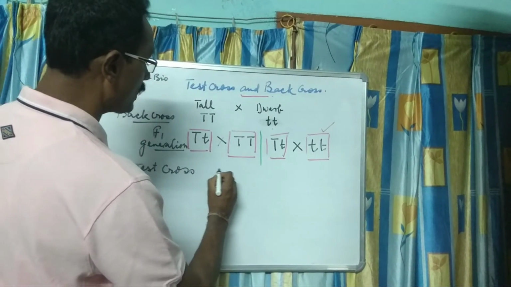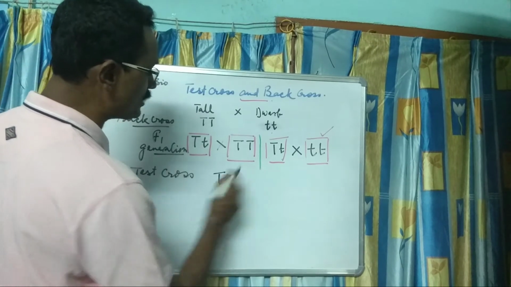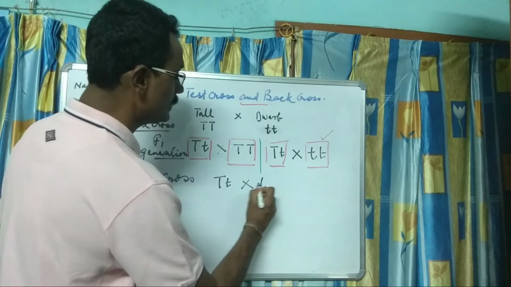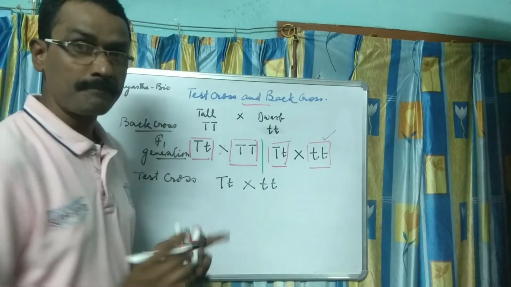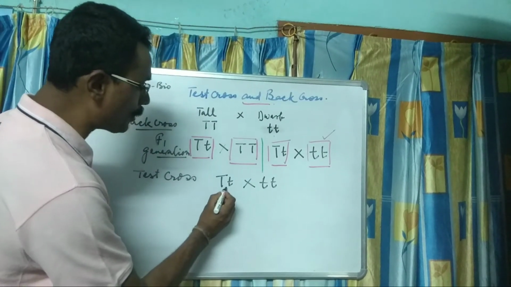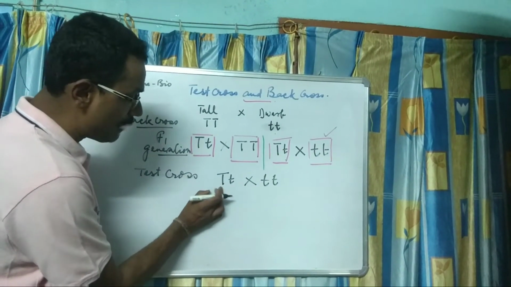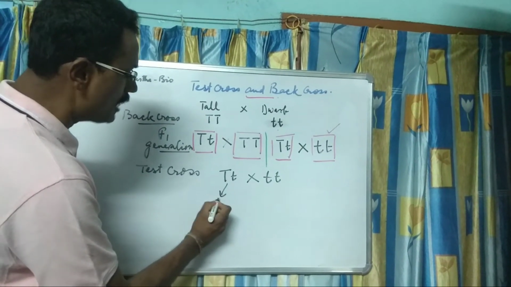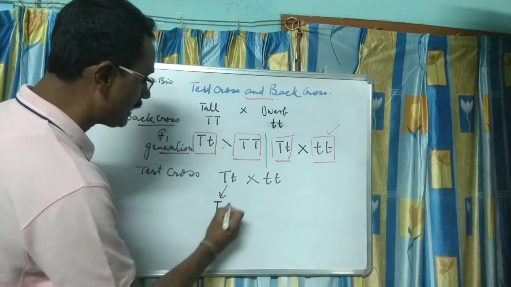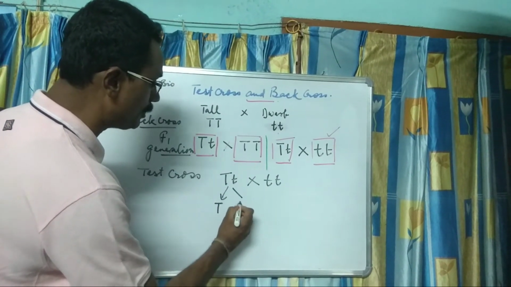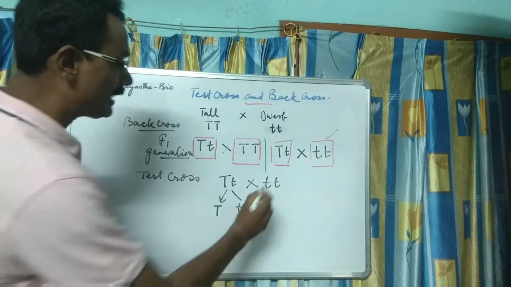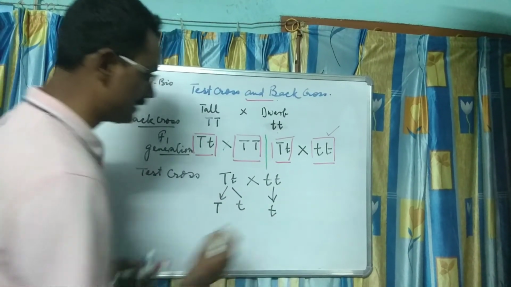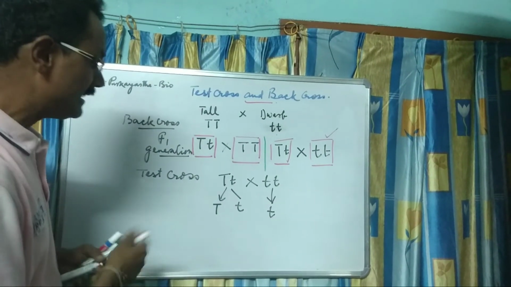Test cross, what I told you: this F1 generation that we have found out is crossed with homozygous dwarf. Now see, the F1 will produce two types of gamete because one is capital T, another is small t. So this is capital T, another gamete will be small t. But the dwarf will produce only one type of gamete. Can you get it? These are gametes.